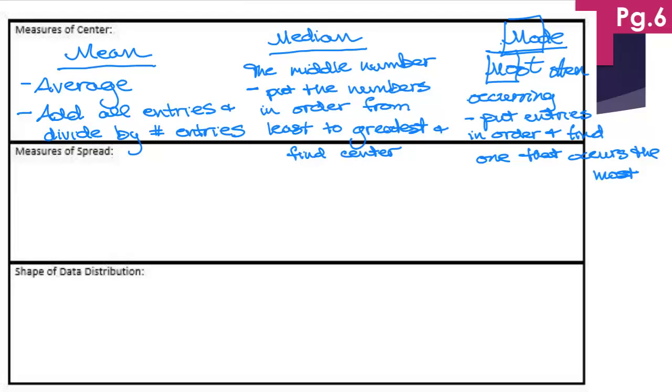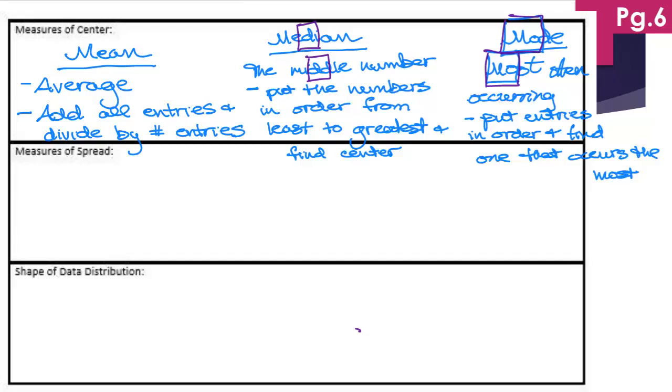Median. Think of median has a D in it. So does middle. Has two D's. Median is in the middle. Mode occurs the most. So use those little tips if you want, or come up with your own, or just memorize it. Okay? But you have to know what each of those means.